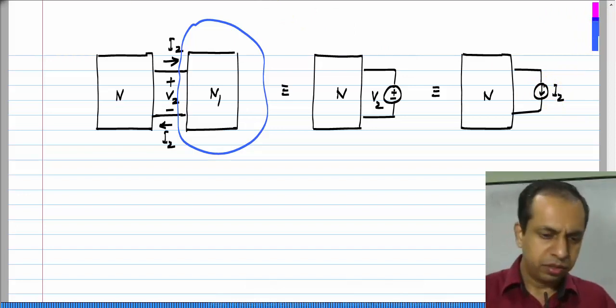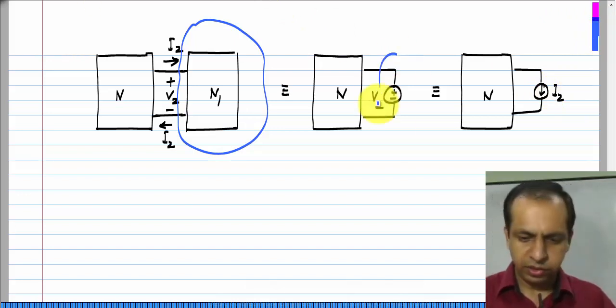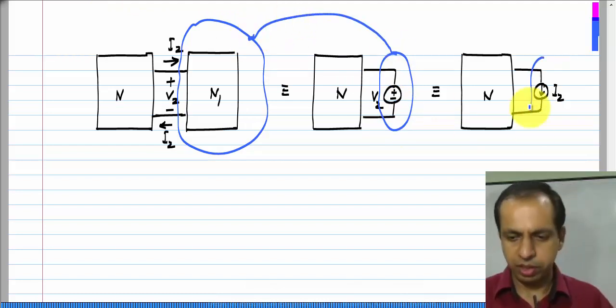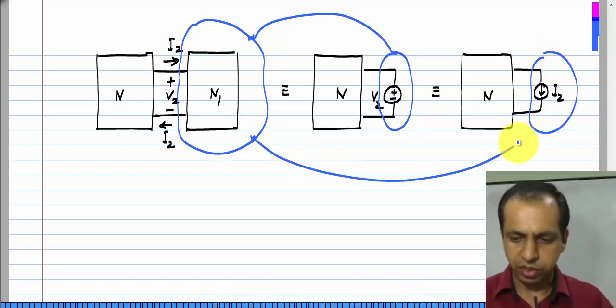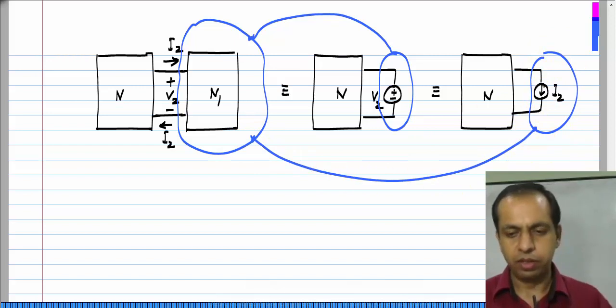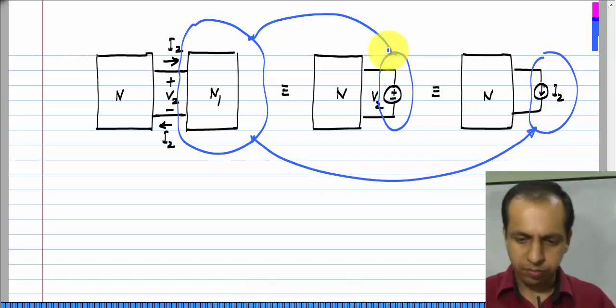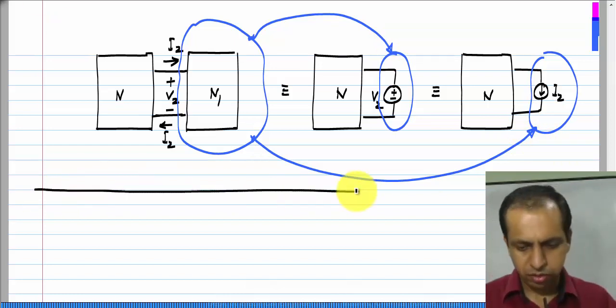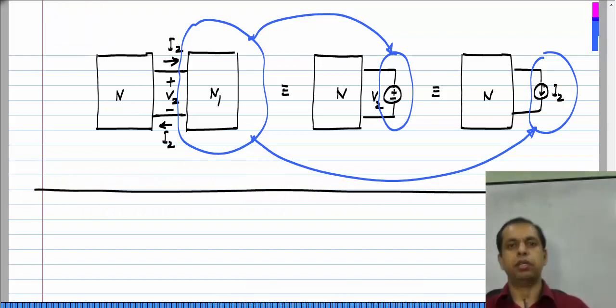So, this thing here is a substitution for this entire network N 1. Similarly, this one here is a substitution for the entire network N 1. So, that is the minor extension to the substitution theorem.